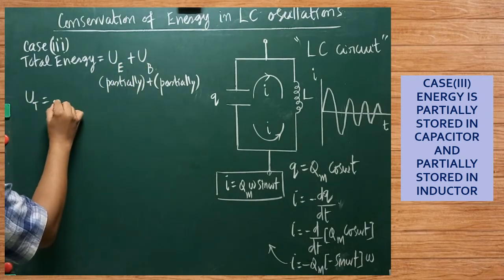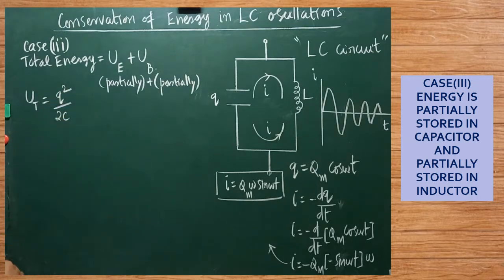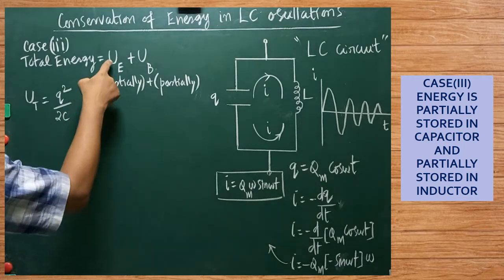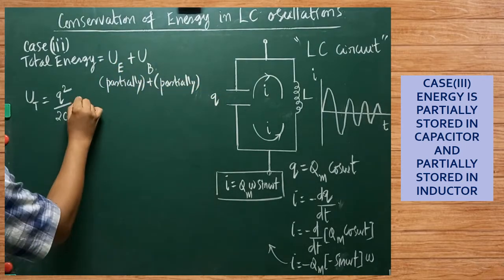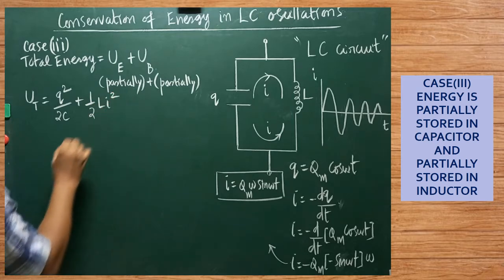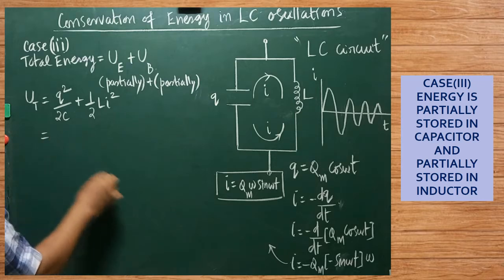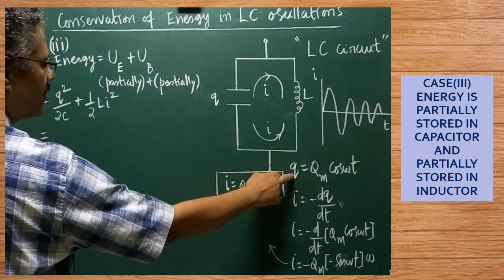What is the general expression? Q square divided by 2C is the energy stored in the capacitor. What is the other formula? Half L I square is the energy stored in the inductor. Instead of Q, look at the Q expression.